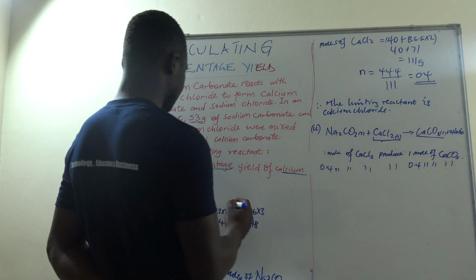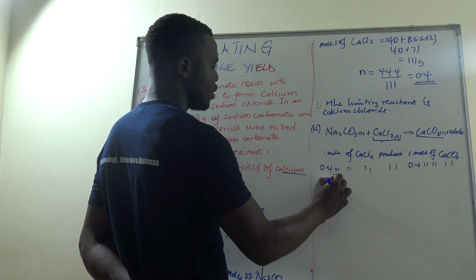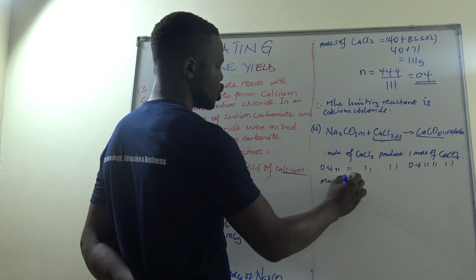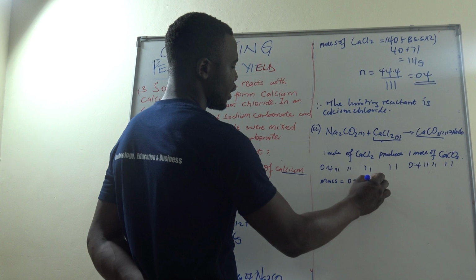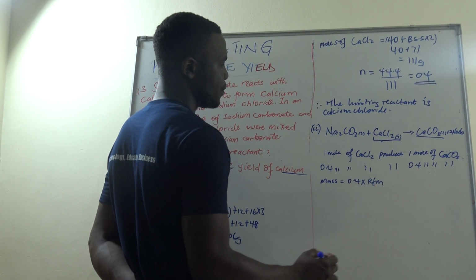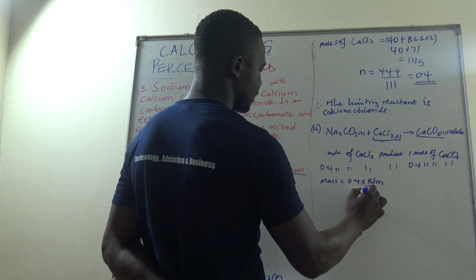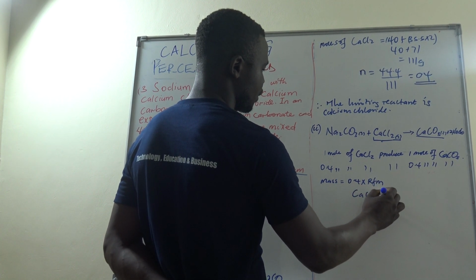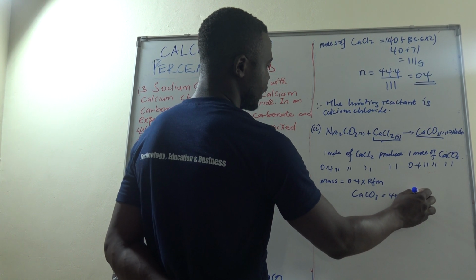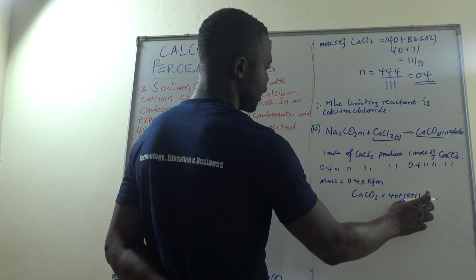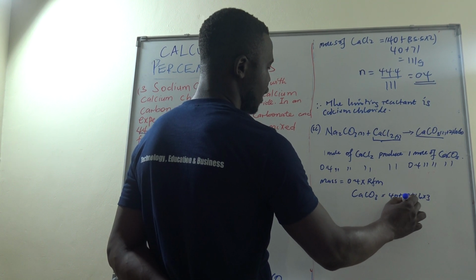Now, we want the mass of calcium carbonate. The mass of calcium carbonate is equal to the number of moles, which is 0.4, times the relative formula mass of calcium carbonate. Calcium is 40, carbon 12, plus 16 times 3, that is 48. 48 plus 12 plus 40, this is 100.